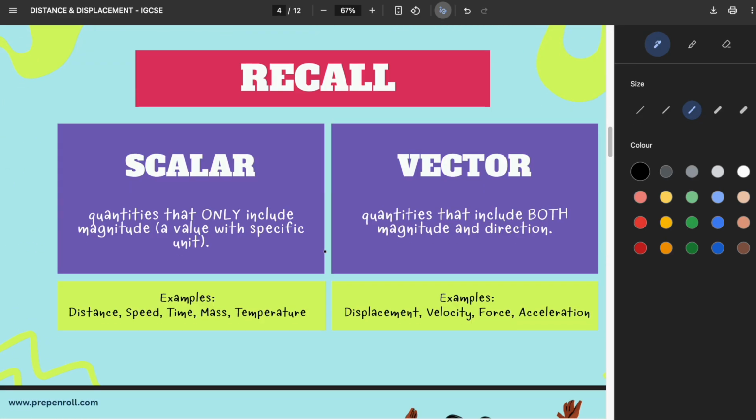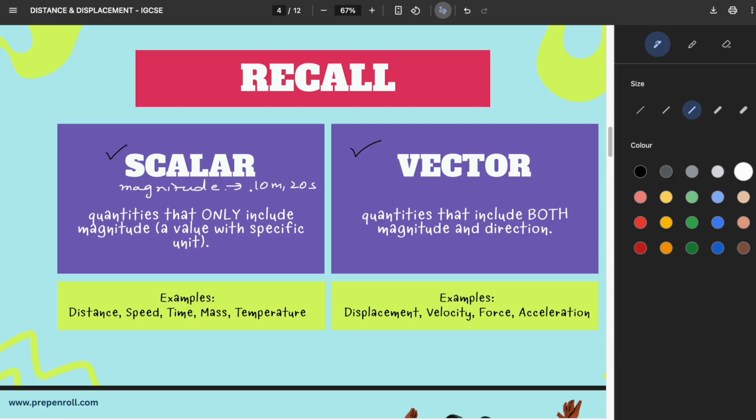To understand distance and displacement more, let's first focus on two quantities, what we call scalar and vector. A scalar has only magnitude. Magnitude means the value, like 10 meters or 20 seconds. These are called scalar quantities.